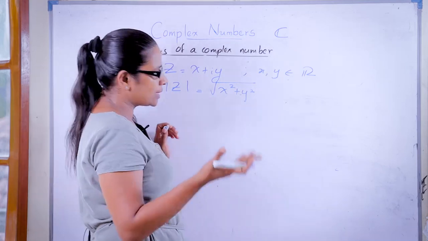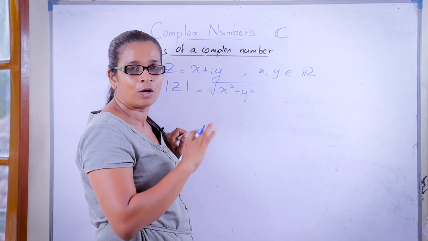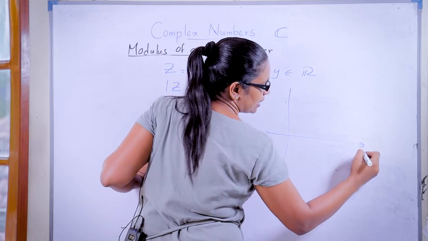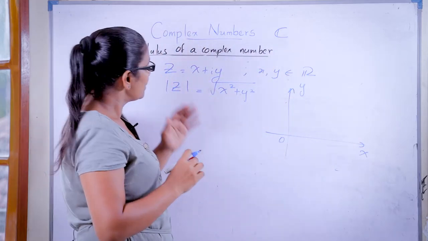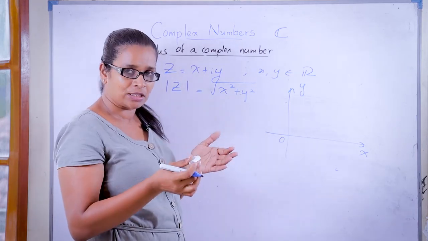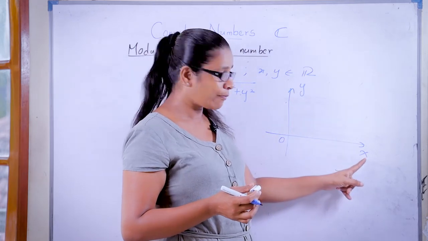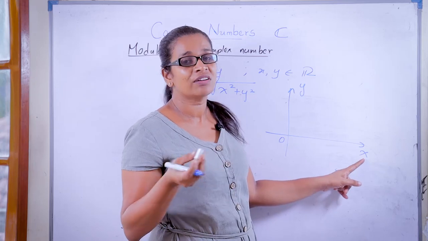Truly speaking, in the next video I will explain how to represent a complex number on a plane, but here I will just give you some idea. If this is a plane, when we represent complex numbers, because of having both real and imaginary numbers, these axes are given. We are using the x-axis to represent real numbers.